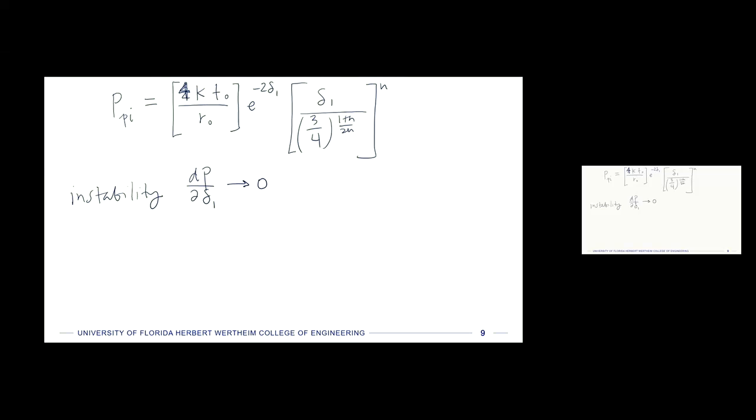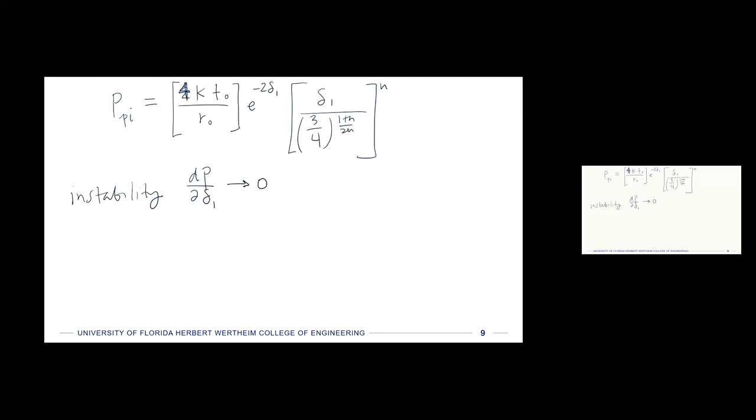So we're assuming that happens in the hoop direction. There's a long expression for taking the derivative of this with respect to delta 1, because we have it in the exponent on the first term and we have it in the numerator of the second term. And so it's just a long expression, and I'm not going to write it all out.